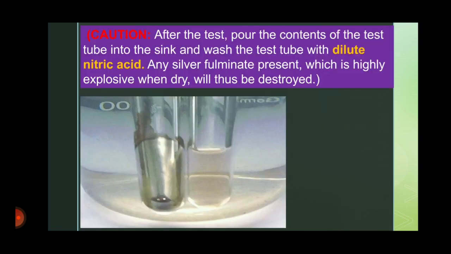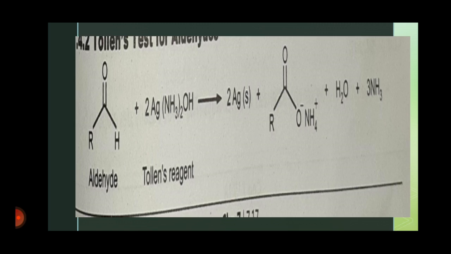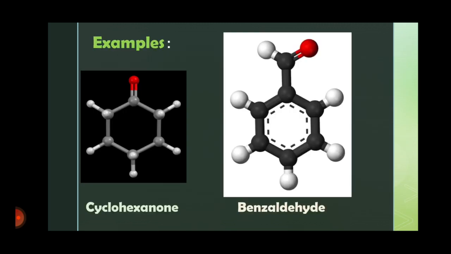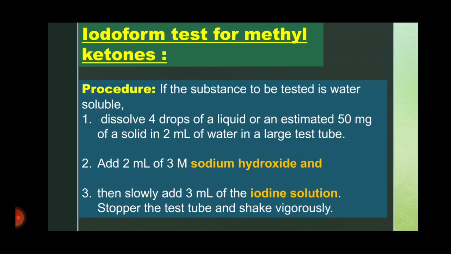We need to take caution that after the test, pour the contents of the test tube into the sink and wash the test tube with dilute nitric acid. Any silver fulminate present, which is highly explosive when dry, will be destroyed. Then these are the examples: first is cyclohexanone and second is benzaldehyde.